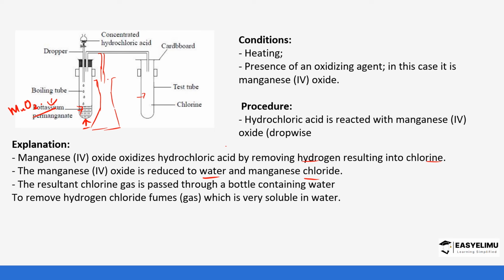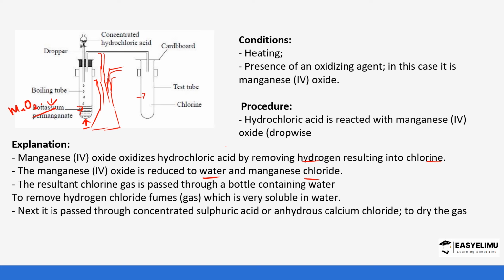The purpose of the water is to remove the hydrochloric acid fumes that would be produced, and then to remove the water or the steam in the gas, or to dry it, you'd pass it through concentrated sulfuric acid, or we would use a U-tube containing anhydrous calcium chloride, and this is to dry the gas. After the gas is dried, it is collected by downward delivery. We are going to see why it's downward delivery.